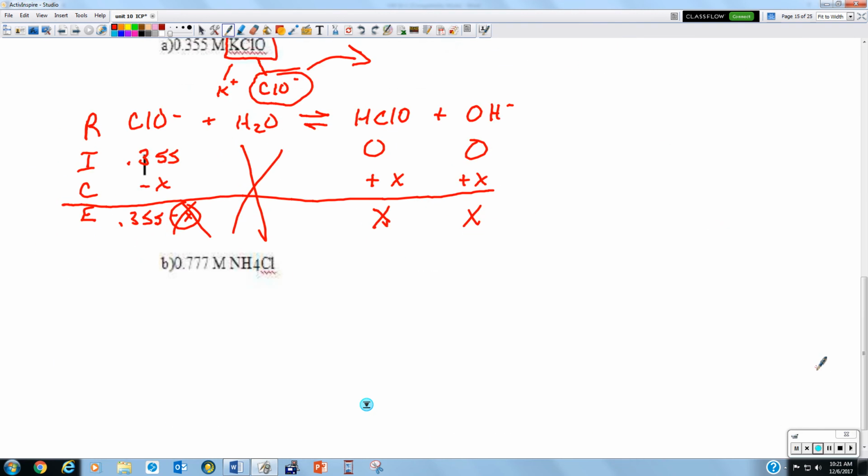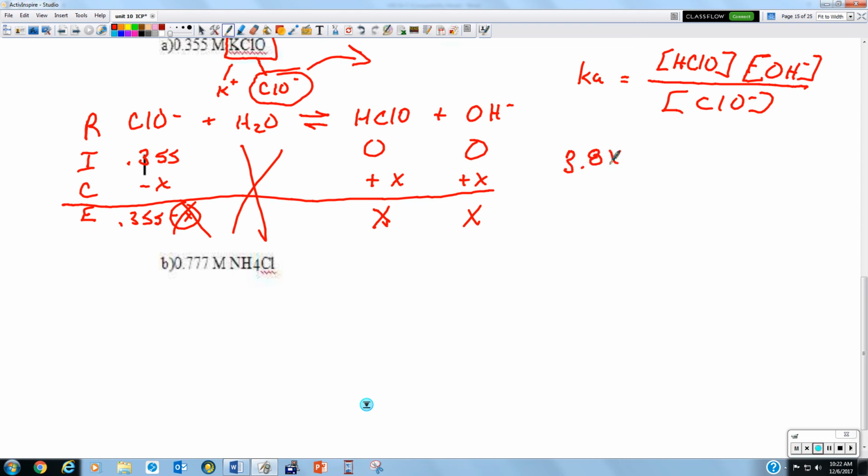So we have Ka equal to HClO times OH negative over ClO negative. So Ka was 3.5 times 10 to the negative 8. And again, before I go forward, does everybody know where I got that number?